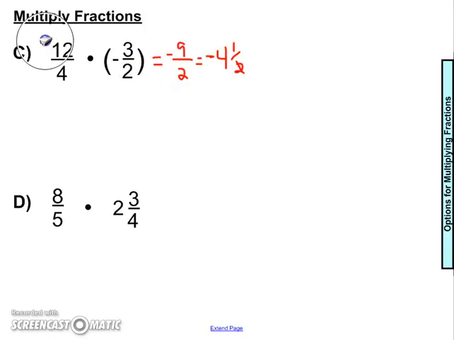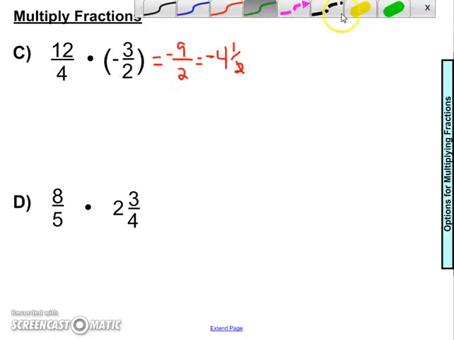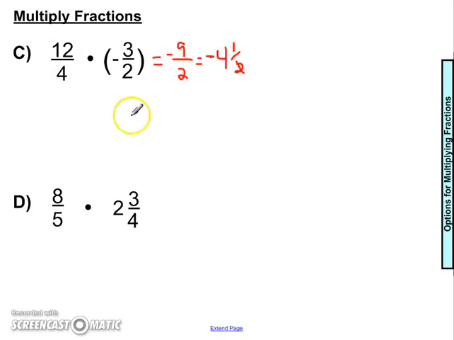Or, for those of you who prefer to multiply across first, I will do so, and I'll put my solution down here. 12 times 3 is 36. Okay, 4 times 2 is 8. Fantastic. A positive times a negative is negative.